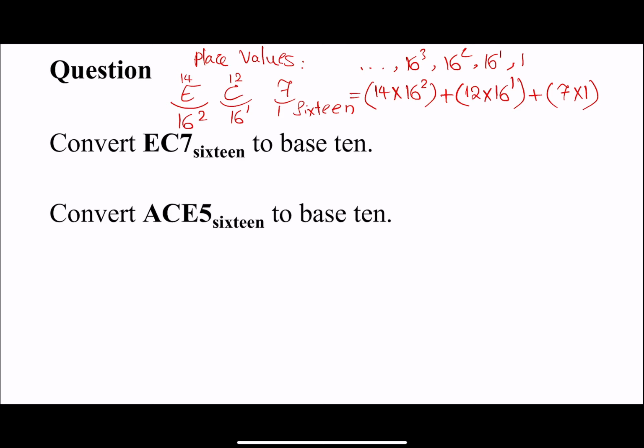Let's see what we get. 16 squared times 14 is 3,584, plus 12 times 16 is 192, plus 7 times 1 is 7.